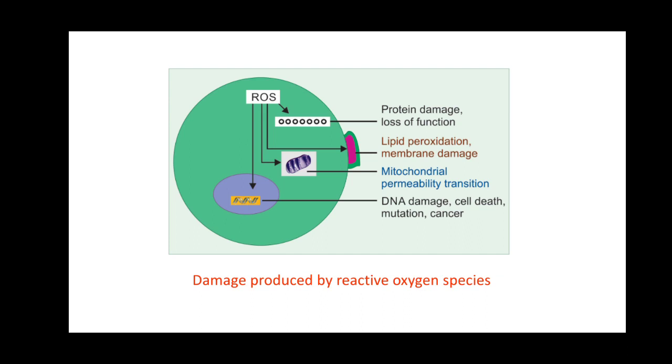So, damage produced by reactive oxygen species. The main biological compounds damaged by free radicals are proteins, with loss of function, and lipids; lipid peroxidation leads to membrane damage, mitochondrial permeability transition, DNA damage, cell death, mutation, and leads to cancer.